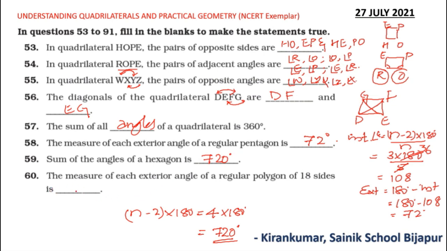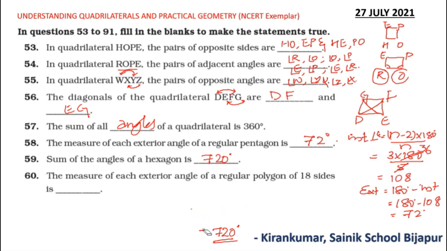Question 60. The measure of each exterior angle of a regular polygon of 18 sides is. We can use this formula to find out the interior angle, then we can find the exterior angle.